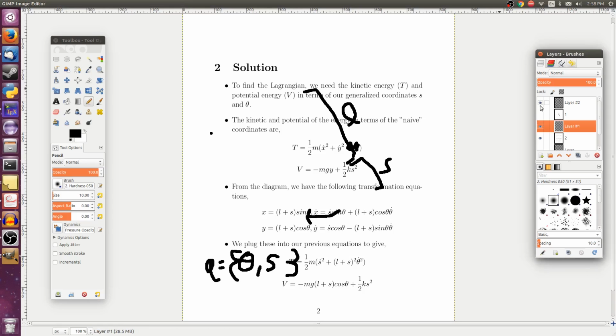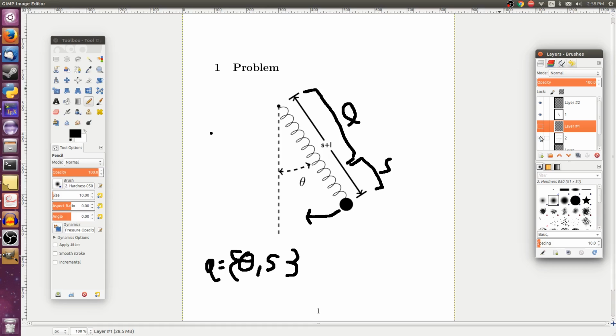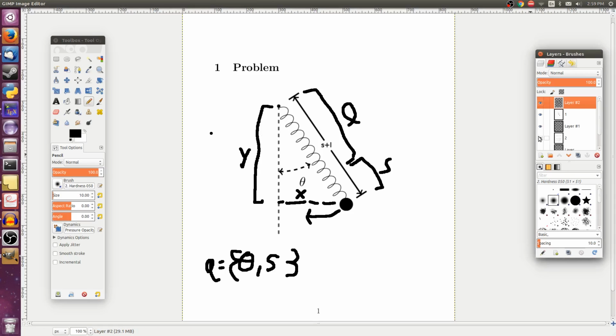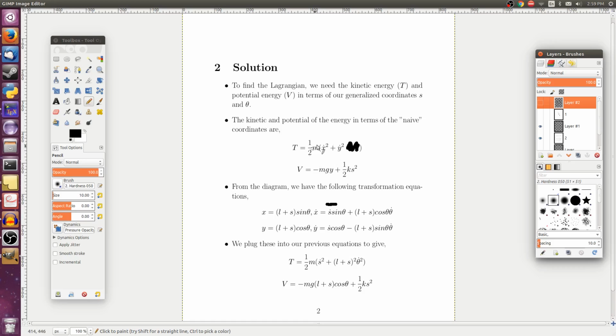So if we go back and see that if we originally described everything in terms of x and y coordinates, so x right here and y right here, then it would be really easy to write out the 1/2 mv squared. Now, you've got x and y, so to write out the kinetic energy, it'd be 1/2 m times x dot squared plus y dot squared.